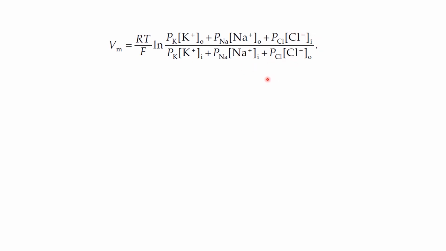And let's think about what would happen if we had only one type of ion, or if the membrane was permeable to only one type of ion. This actually happens in glial cells, which are highly permeable to potassium, but the permeabilities for sodium and chloride are almost zero.